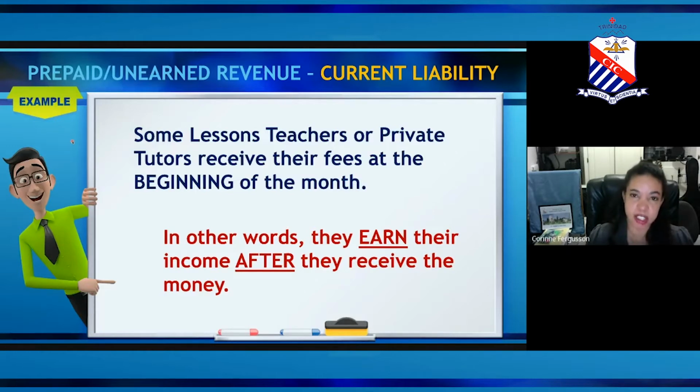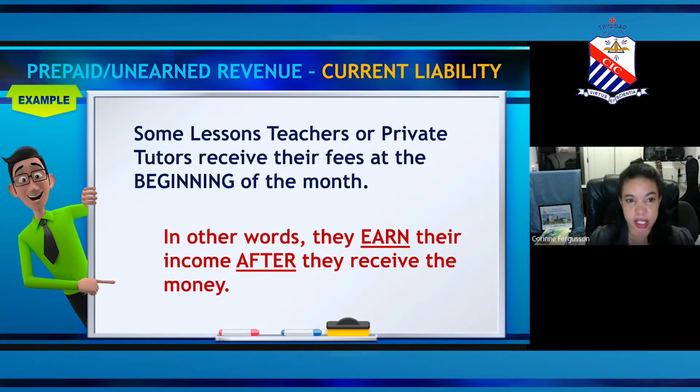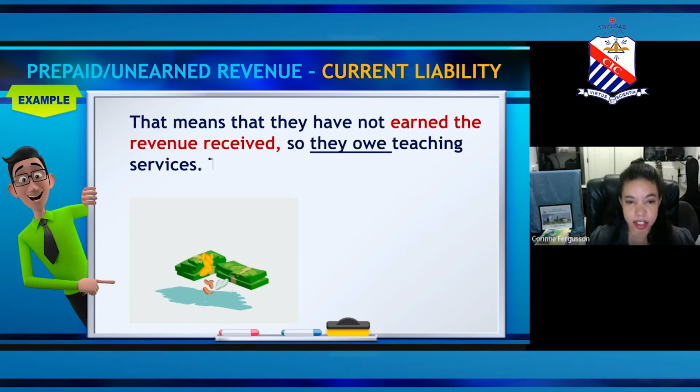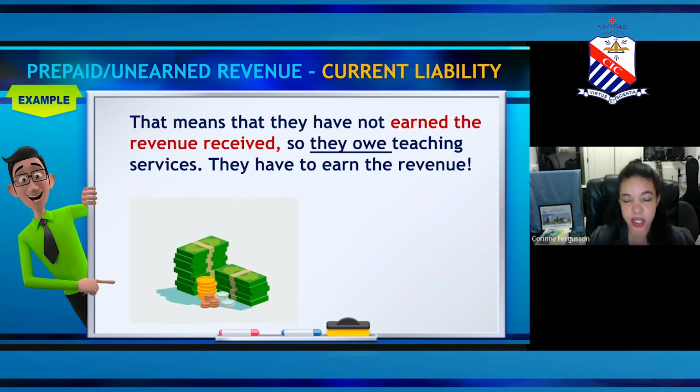So in other words, they receive the money before they even earn that money. And then they will just earn it as they give you the lesson. That means that they have not earned the revenue received, so they owe teaching services. They have to earn that revenue.